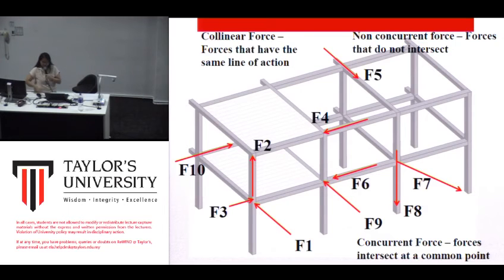What's the answer? 9. Be confident, yes. F3 and F9, F3 and F1, F3 and F2. They will intersect at one point eventually. Alright, that's what we call concurrent force. So far so good? Okay?